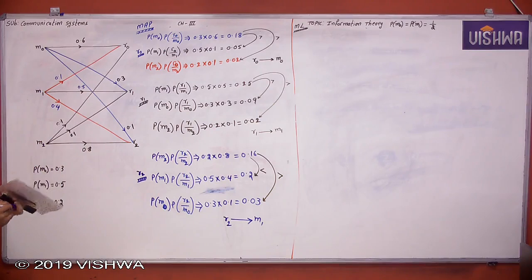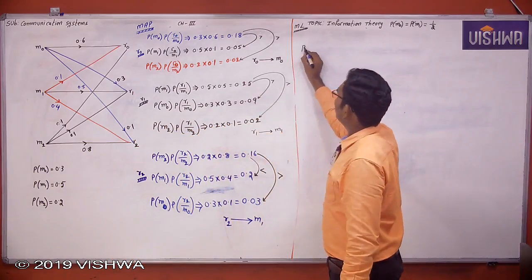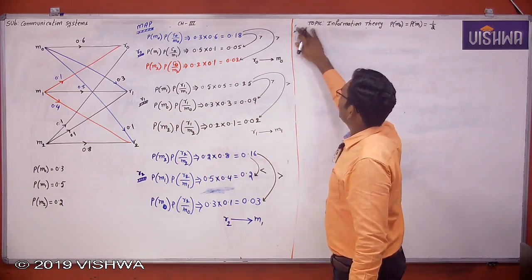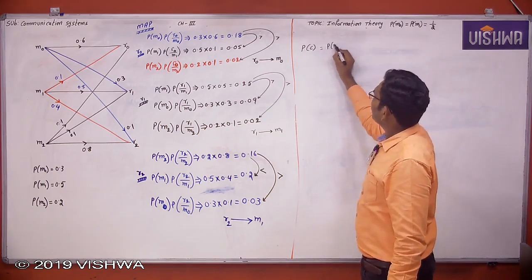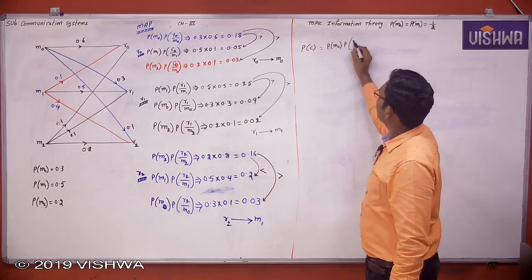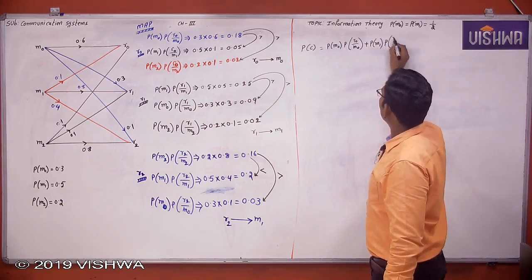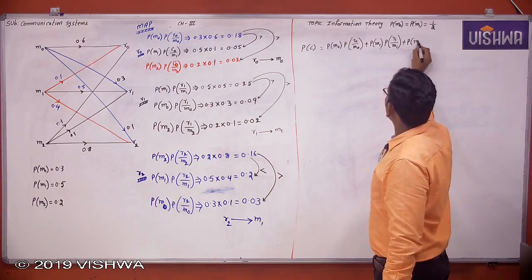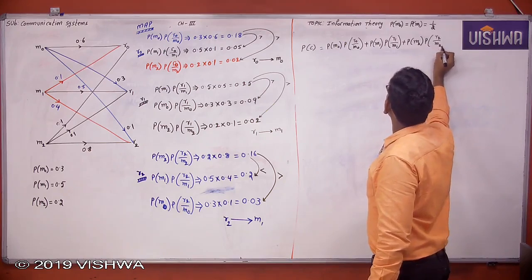Now this is the probability of receiving correctly. What is the probability of receiving correctly? It is P of M0 into P of R0 by M0, plus P of M1 into P of R1 by M1, plus P of M2 into P of R2 by M2.